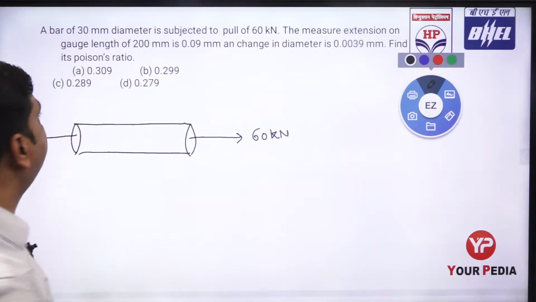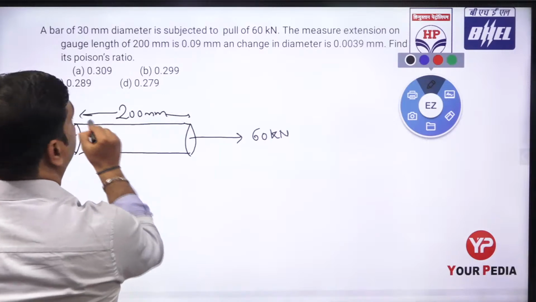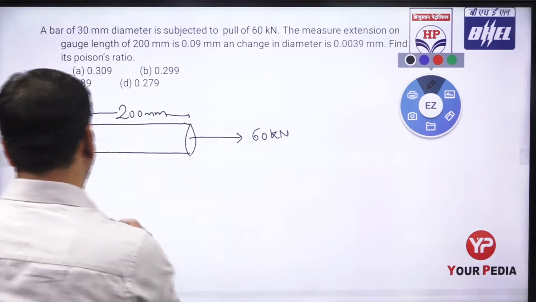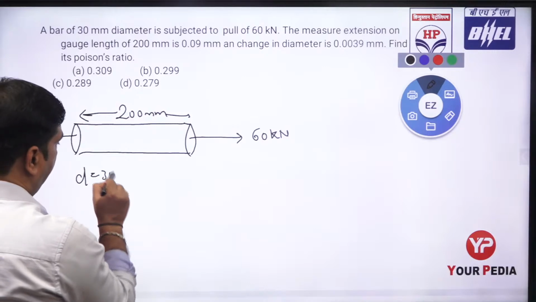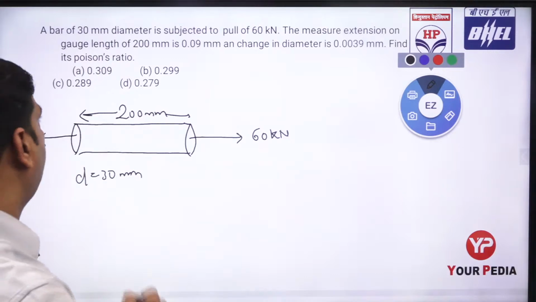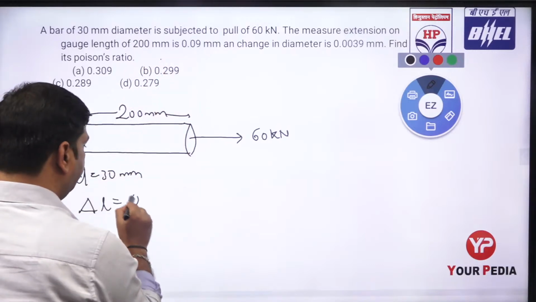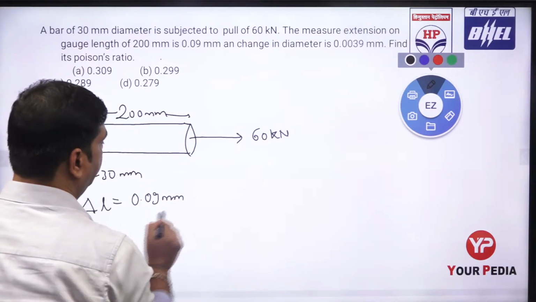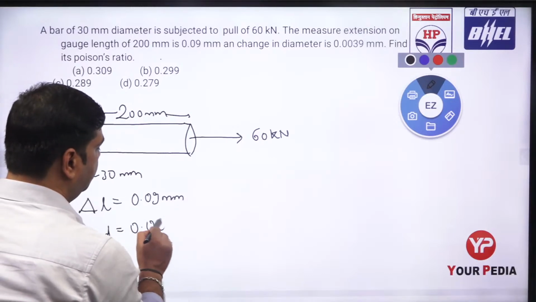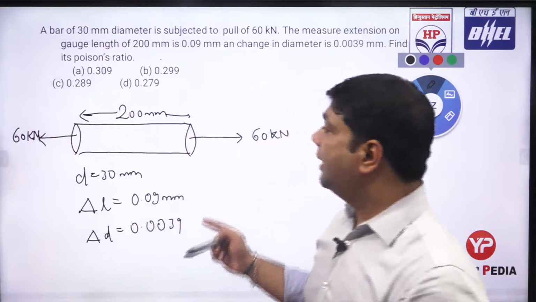Having the length 200, and diameter is 30. The change in length is also given, it is 0.09 for this length of 200, and the change in diameter equals 0.0039.